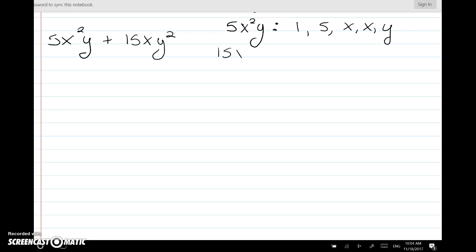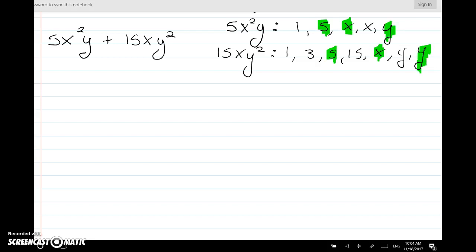And for 15xy squared, I have 1, 15, 3, 5, x, y, y. Let's find our common terms. 5 and 5, x and x, y and y.